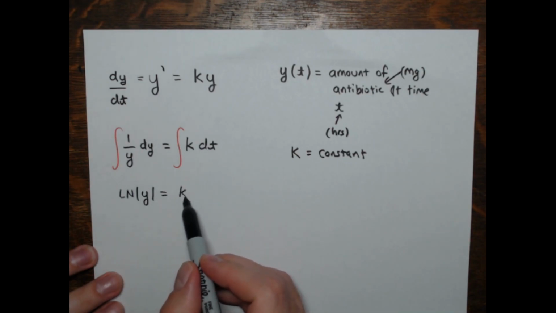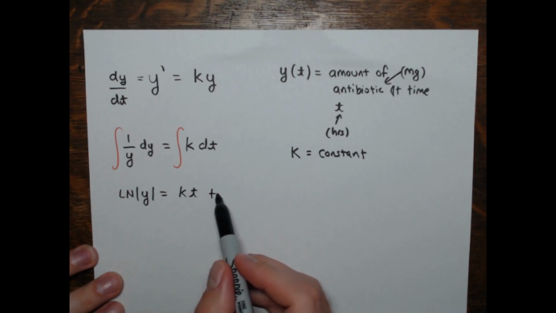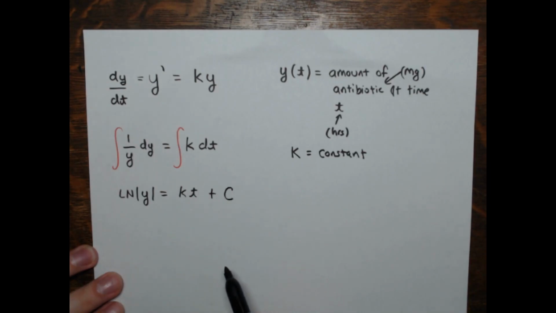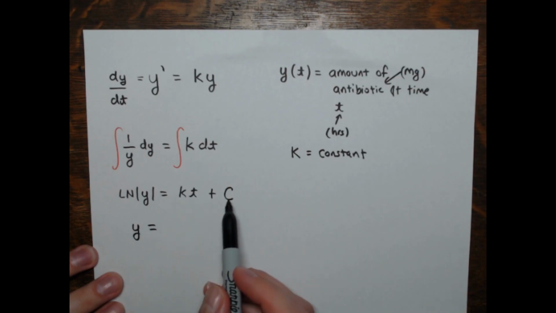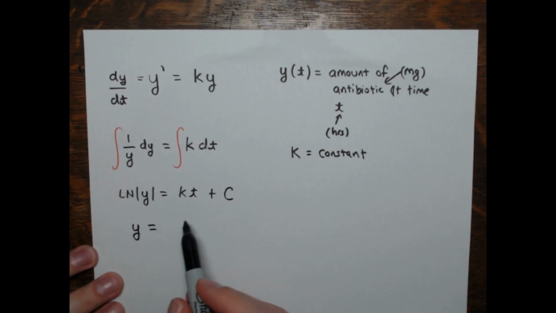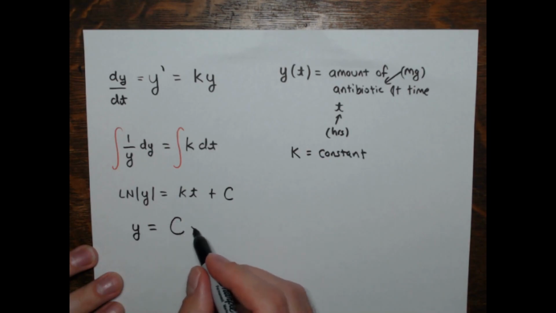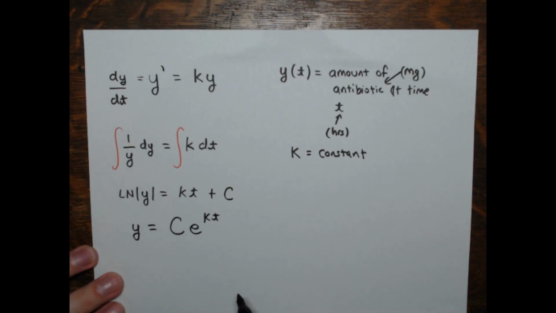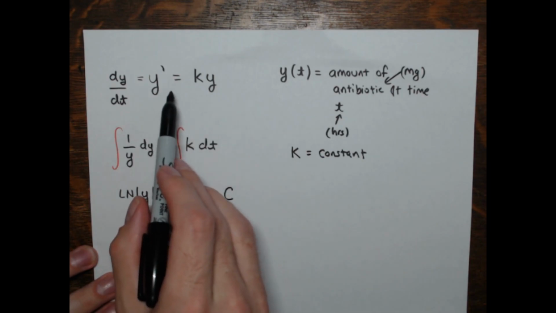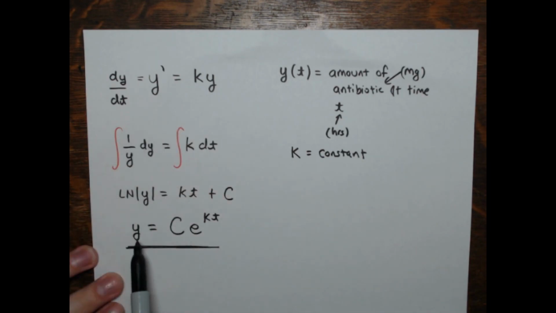Right side, we have k times t plus some constant. E to both sides, y is equal to, now remember, e to the c power is just another constant. So I'll call that c times e to the kt power. So here is the general solution to an equation like this. y is going to be some constant times a nice exponential function.